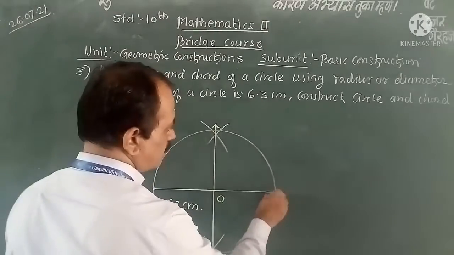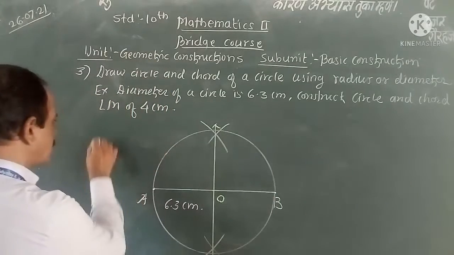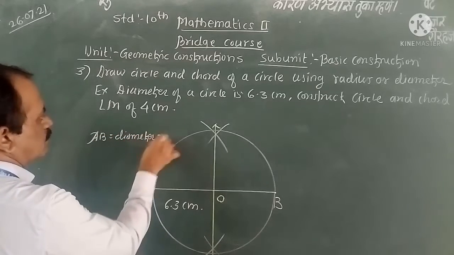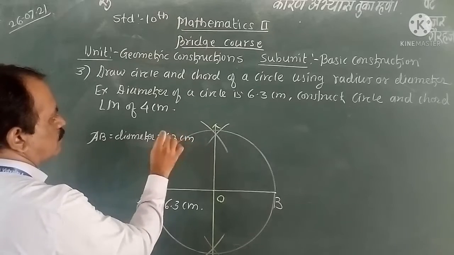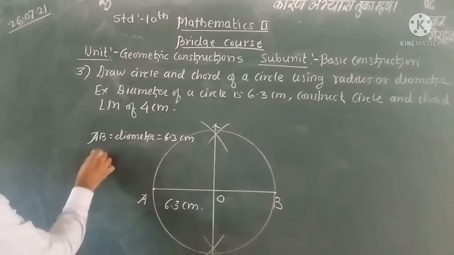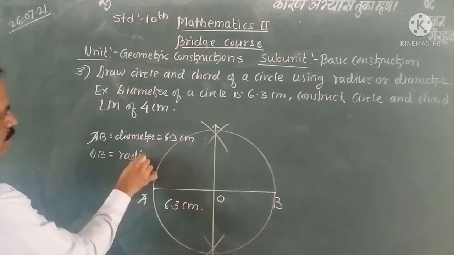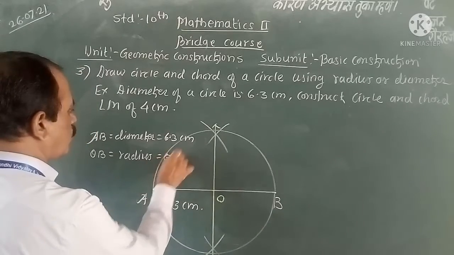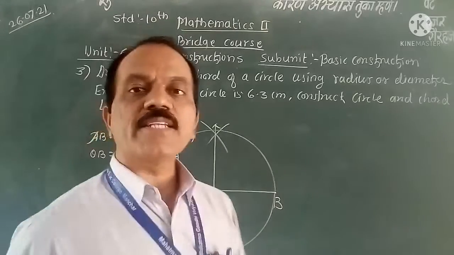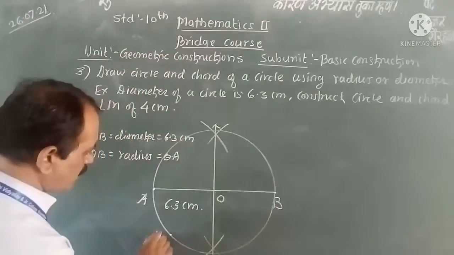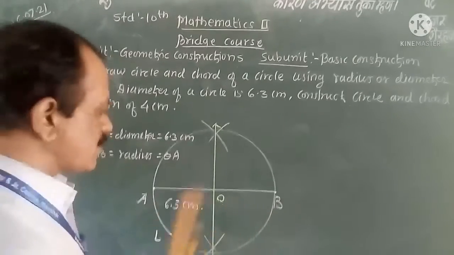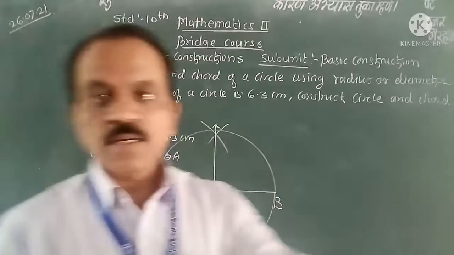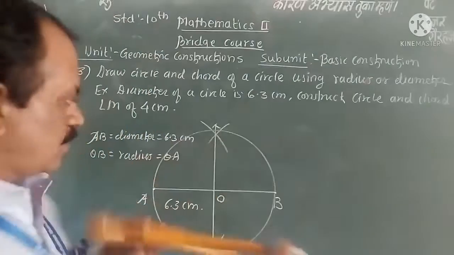AB is the diameter, radius is equal to OA also, and we draw a 4 centimeter chord. Here is the point we take as L. Take a distance in your compass of 4 centimeter and make an arc to here.